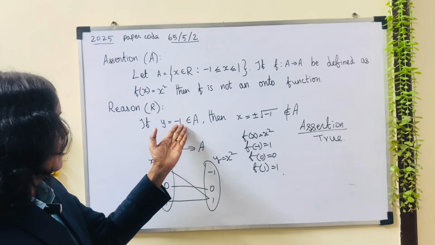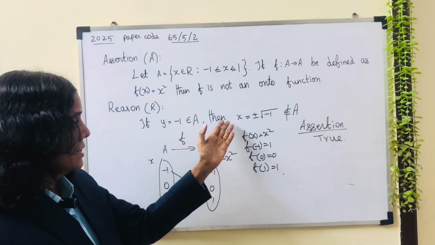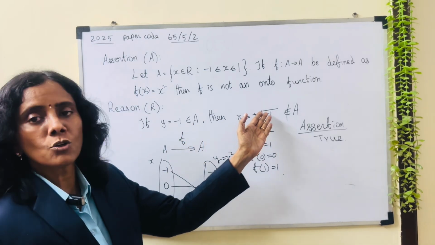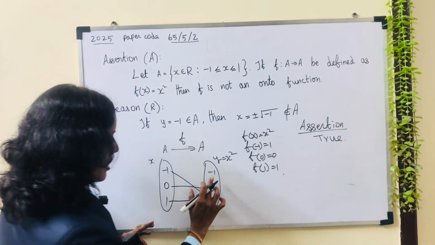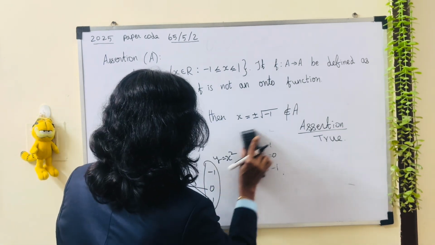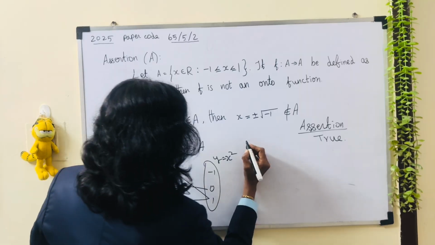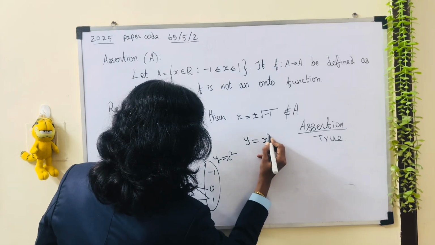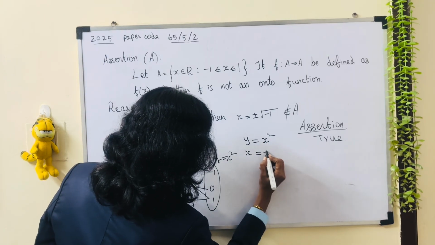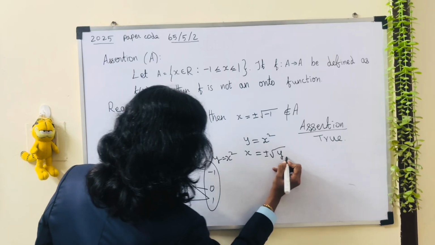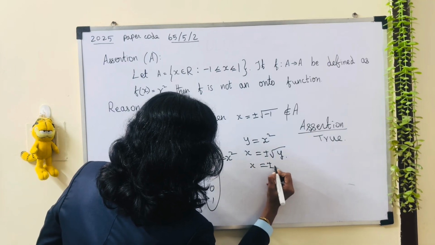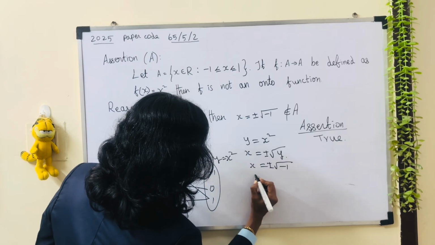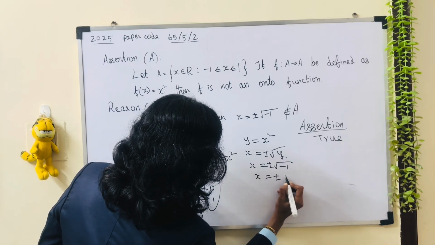Here, if y equal to minus 1 belongs to A, then x equal to plus or minus root of minus 1 does not belong to A. Here y is x square, so x is plus or minus root y. If you take y as minus 1, x is plus or minus i.